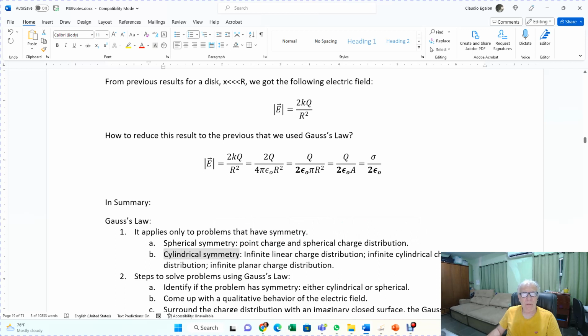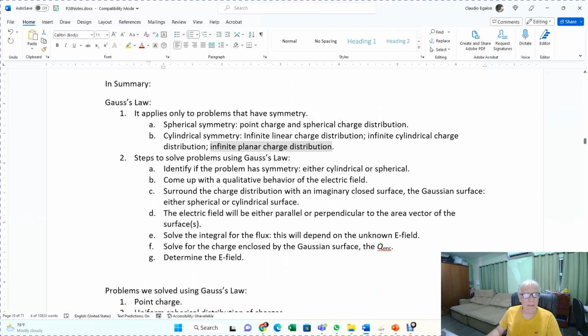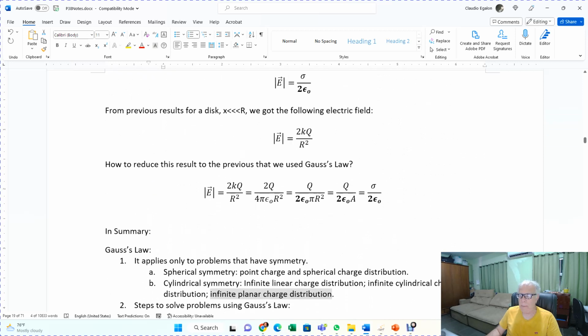We did problems for infinite linear charge distribution and infinite cylindrical charge distribution. And then we have to do the infinite planar charge distribution as well. Let's do that together. That's another important one that we have to do.